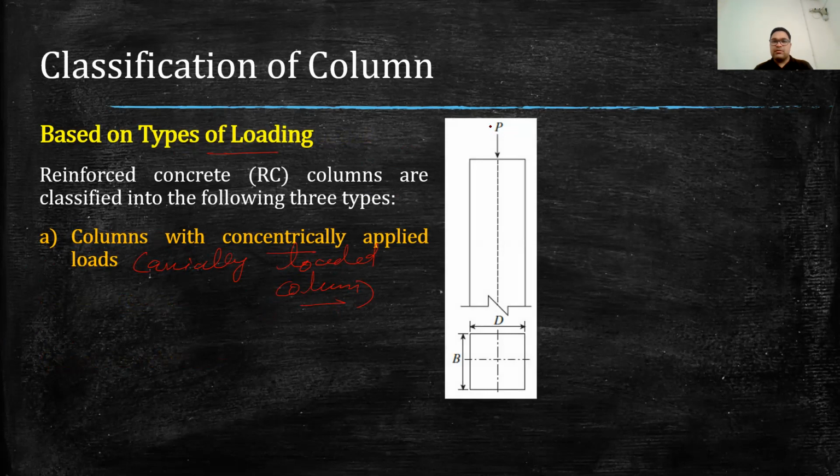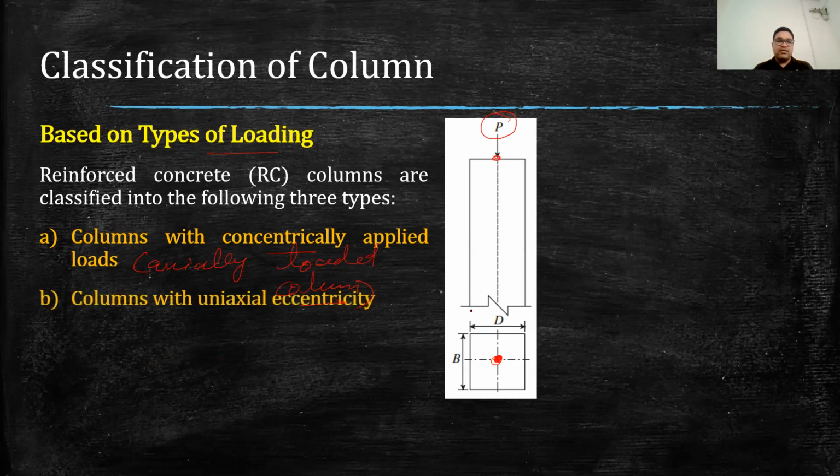You can see the load is applied parallel or along the centroidal axis of this column, which means this load is exactly applied on this point, exactly at the centroid. So this kind of column will be known as axially loaded column.